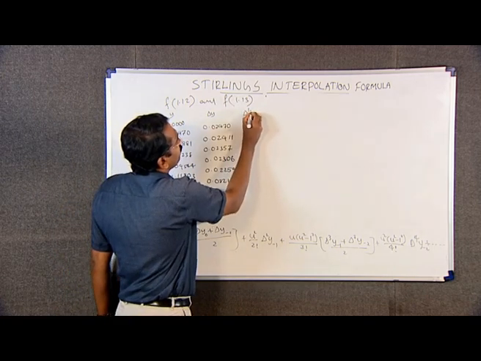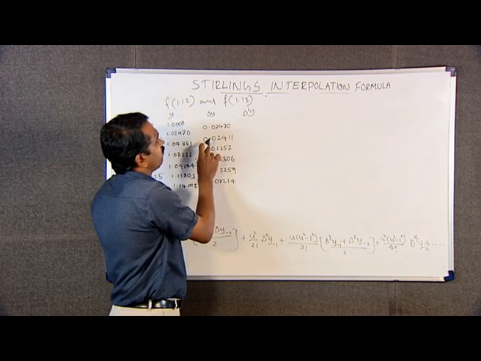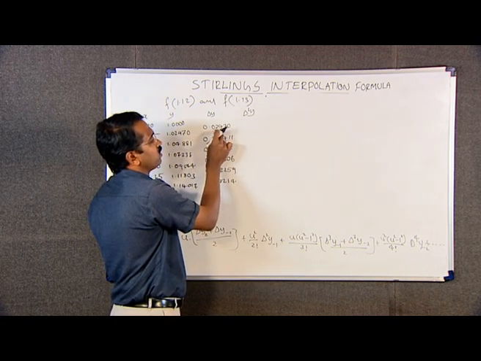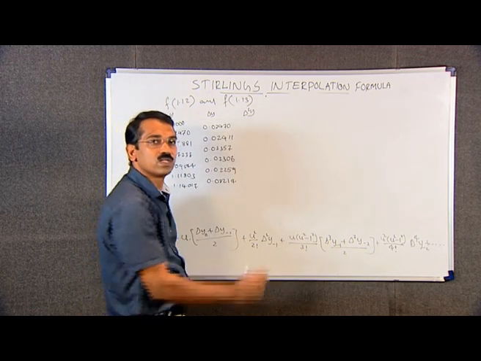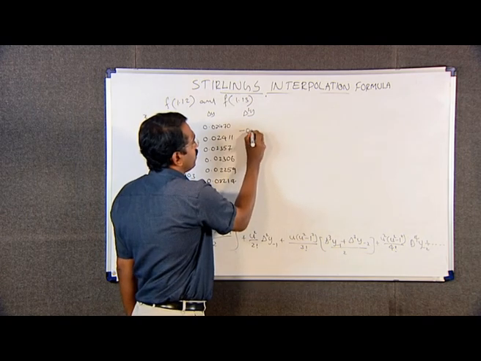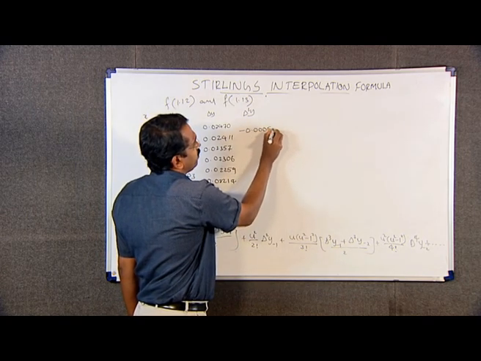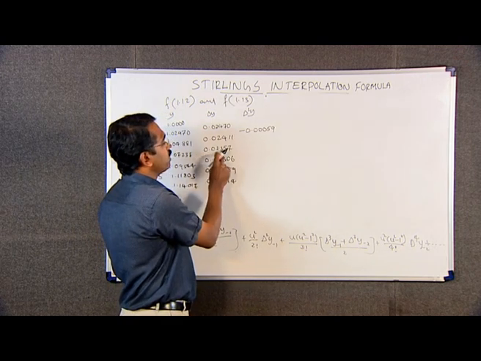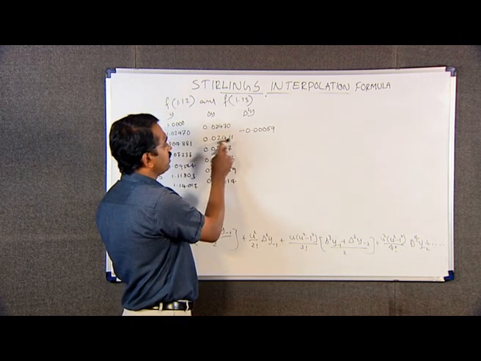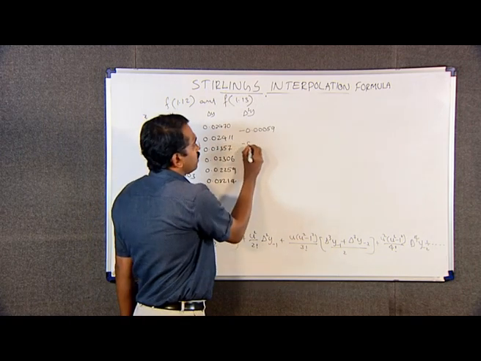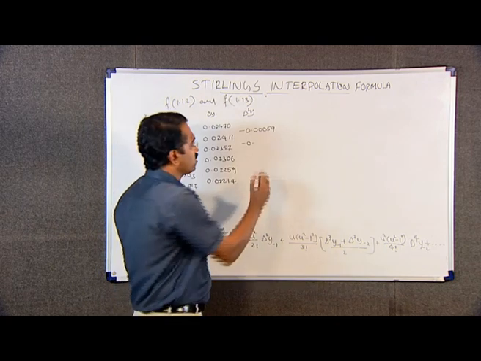The second order differences are, first one is 0.02411 minus 0.02470, which is equal to negative 0.00059. Next is 0.02357 minus 0.02411, which is again negative 0.00054.